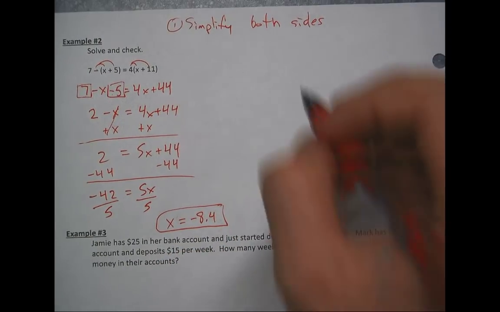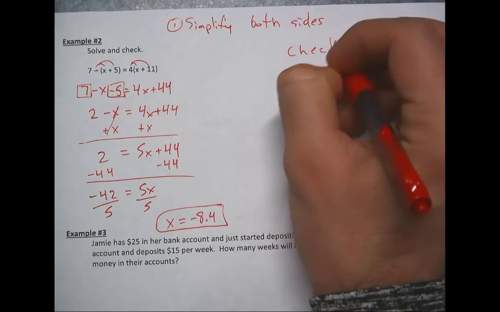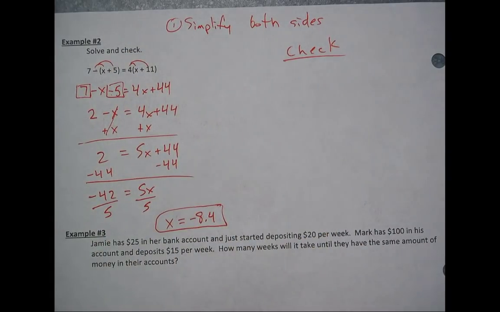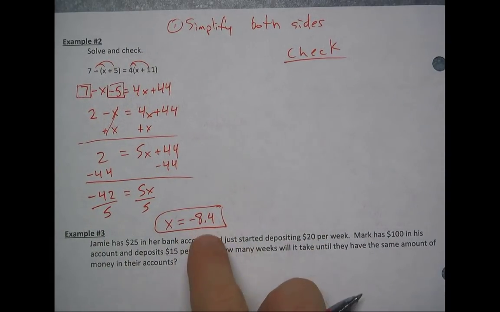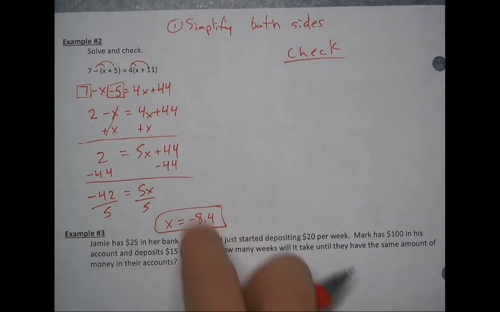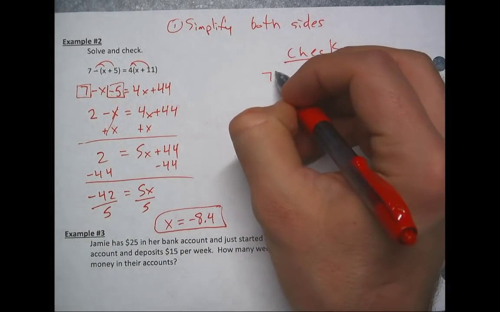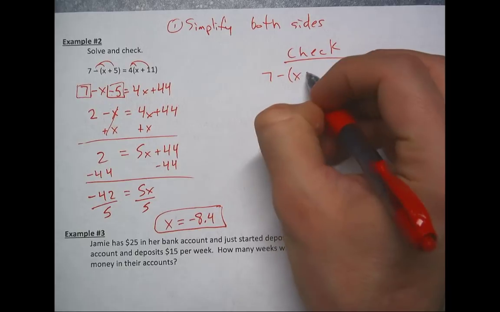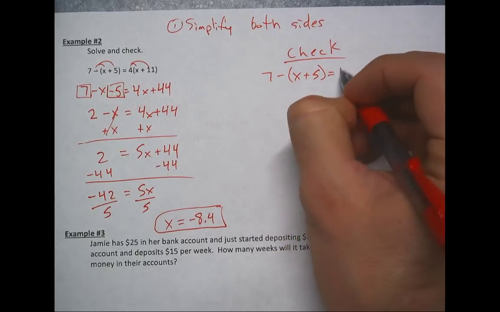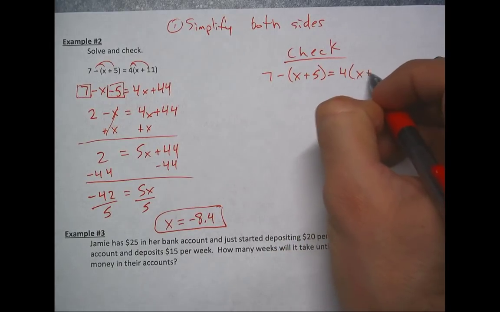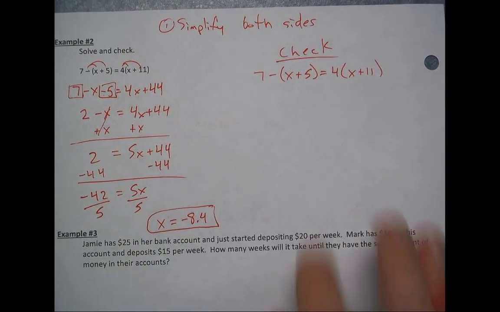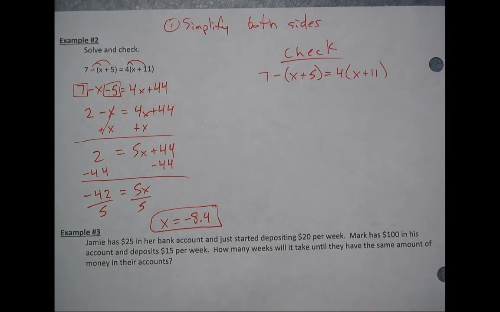All right, let's try the check. We got a lot to deal with here, right? And it's a negative decimal, so let's not let that scare us. Back to the original. If you want to start plugging in on your first step, honestly, I'm okay with that. But I want to work directly underneath so it's clear what I'm doing here.